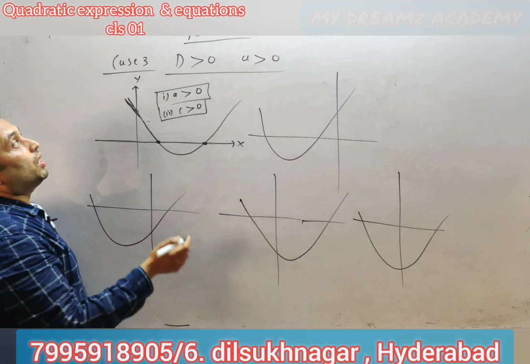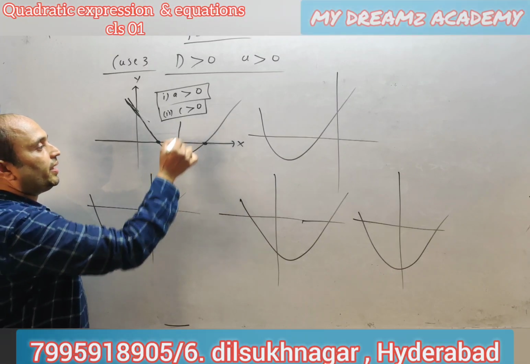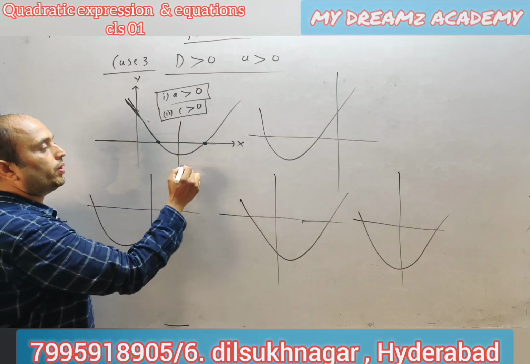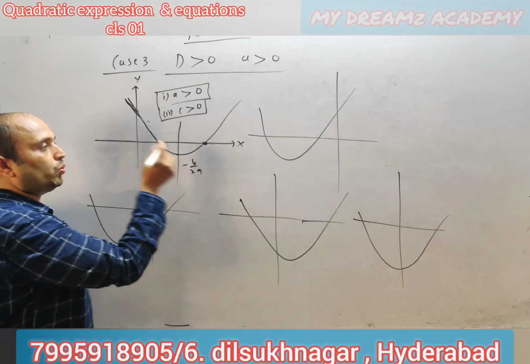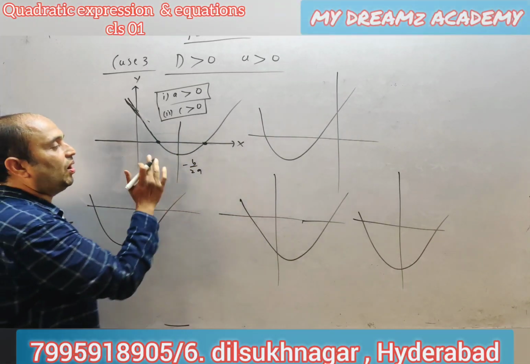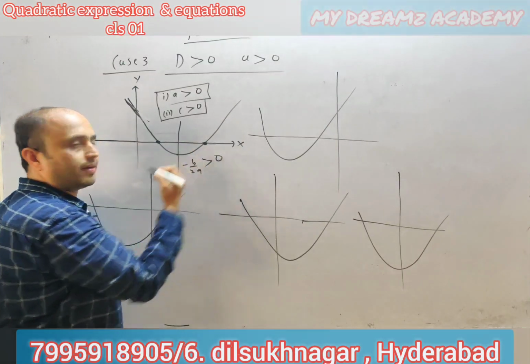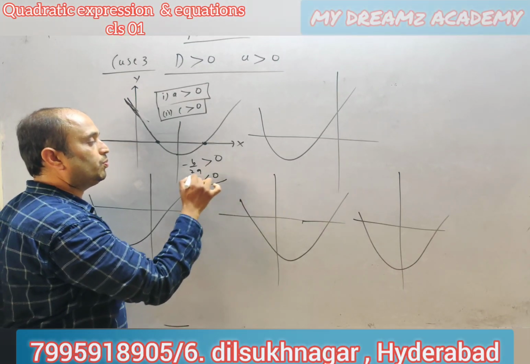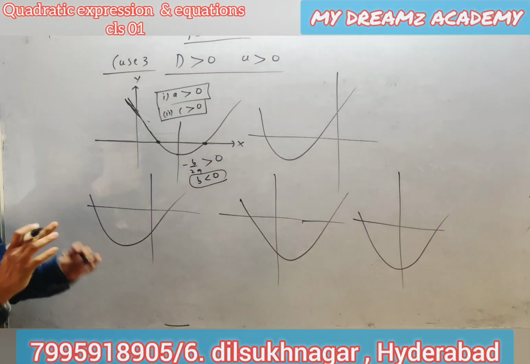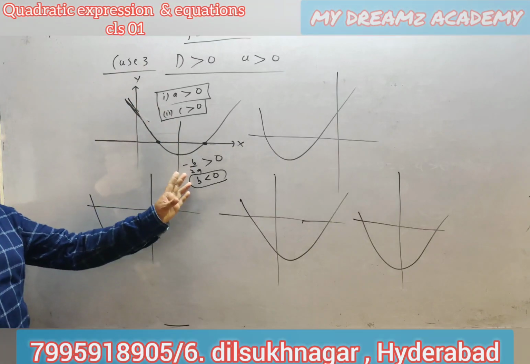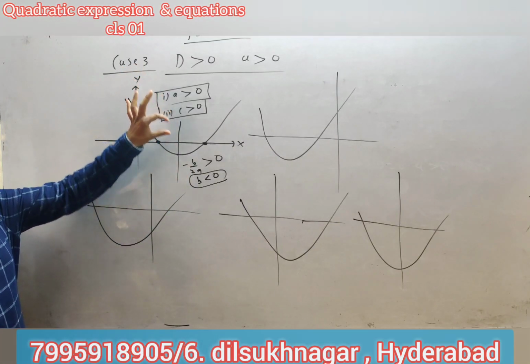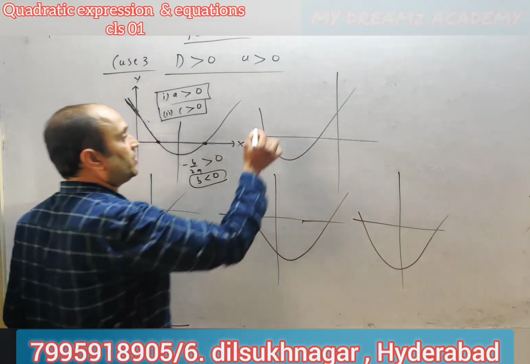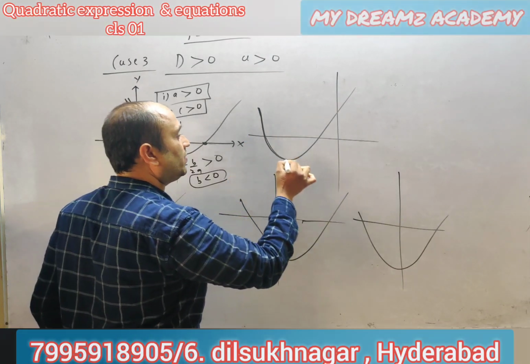Now what about the b? So this minus b by 2a lies on the positive x-axis, greater than 0. Send the minus symbol to that side, then b is less than 0. In the first case, the signs of a, b, c are like this: a greater than 0, c greater than 0, b less than 0. Second case, if the discriminant is greater than 0, we get different conditions.